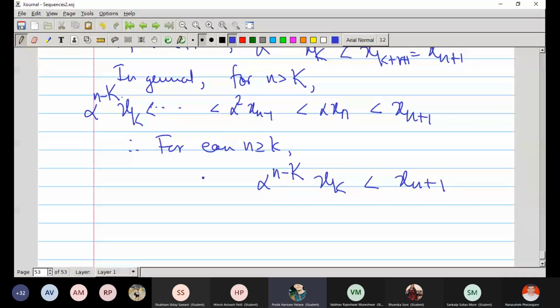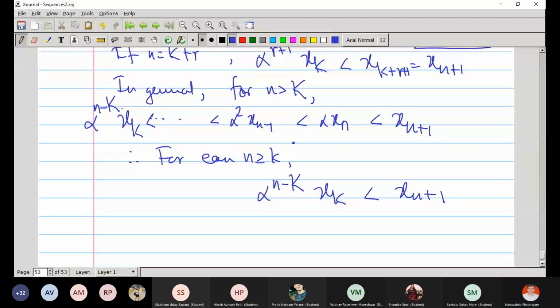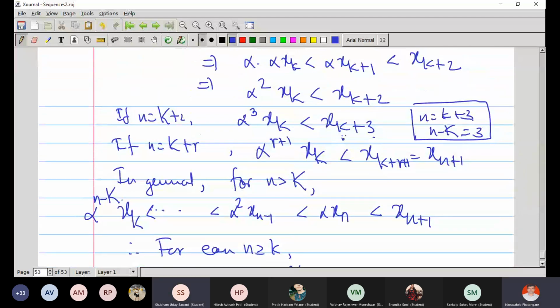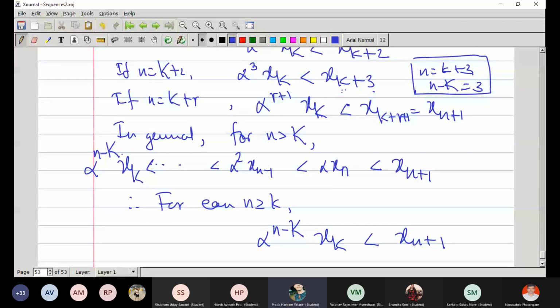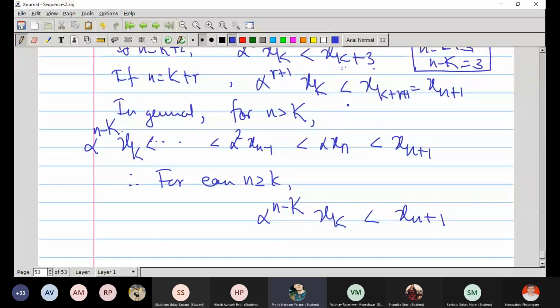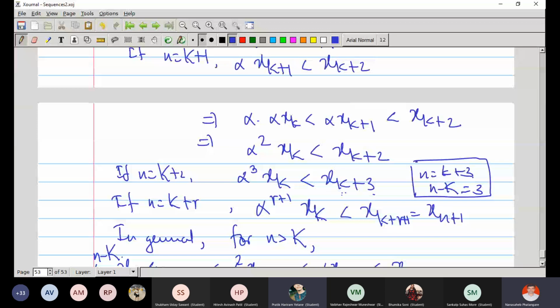Sir, it will be n minus k plus 1, no? Alpha to the power, why k plus? Because we are considering x_{n+1}. There, in alpha cube, n equals k plus 2, so n minus k equals 1 plus 1, that means n plus 1 is equal to k plus 3.